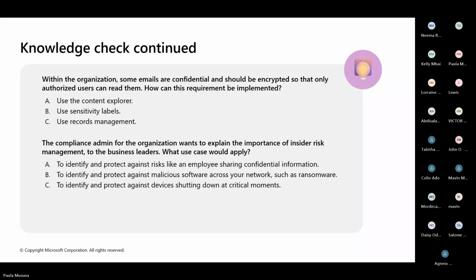All right. Records management, we talked about a record. What is a record? A record is something that will need to be retained. It has been classified and will need to be retained. So that's when you do records management, and it's retained because of compliance reasons. Then we also talked about labels, and we spent a lot of time on the labels.